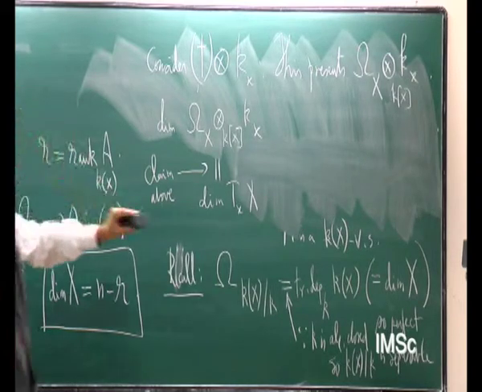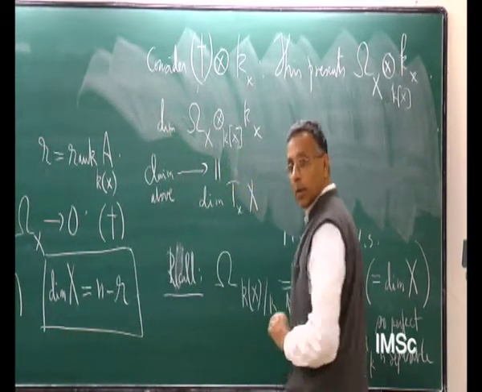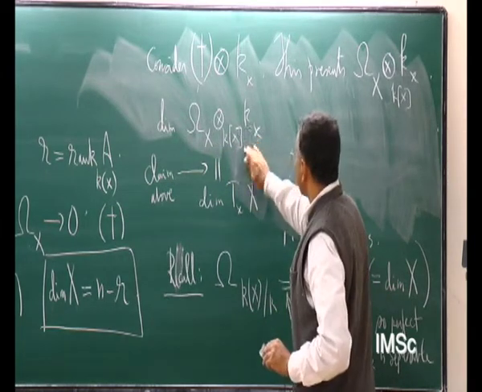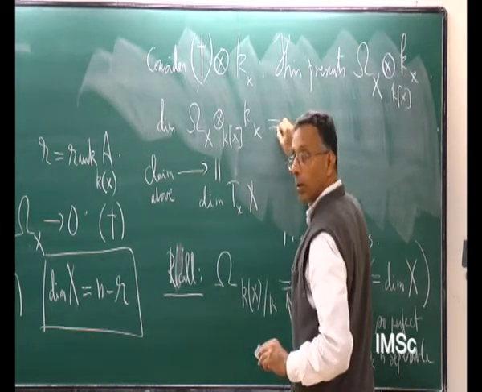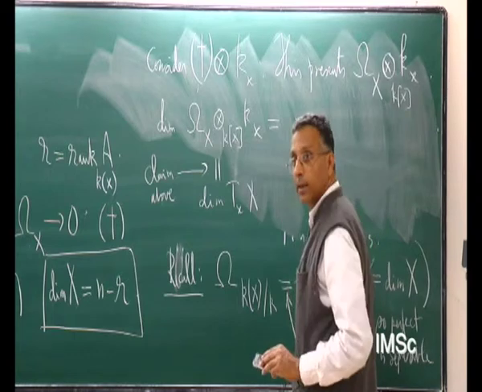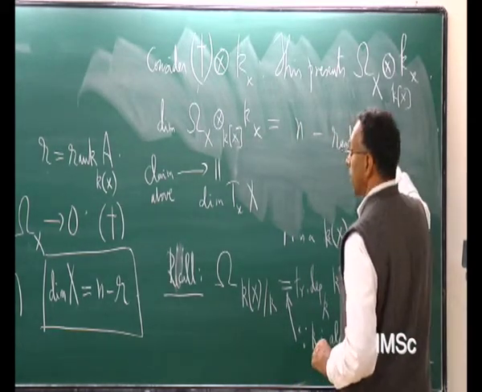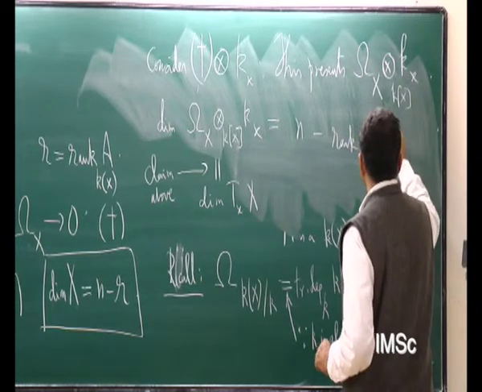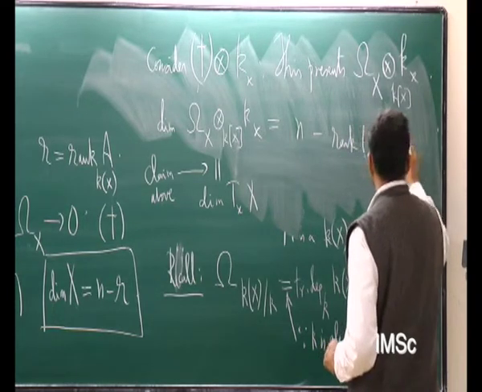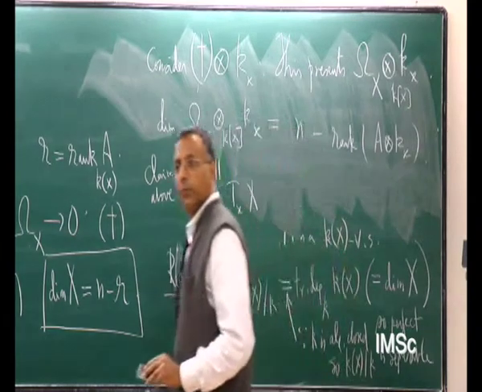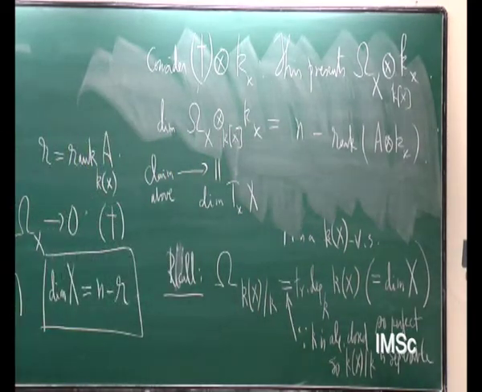This is the dual of this, so they have the same dimension. What is this? This is equal to n minus the rank of the matrix. I'll write now A tensor kx. By that I mean I look at the matrix, just read all the entries modulo.